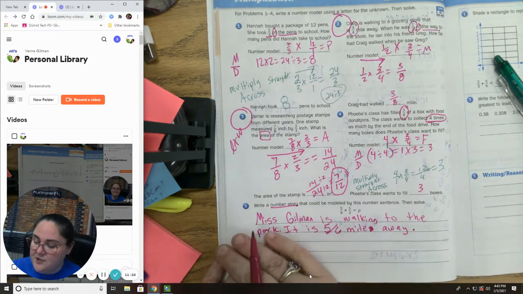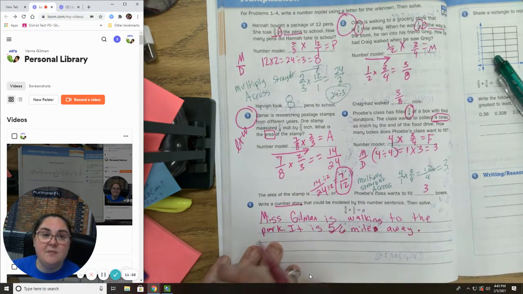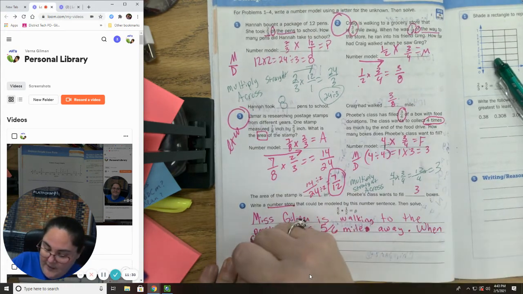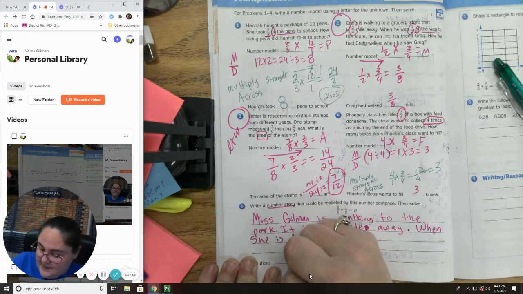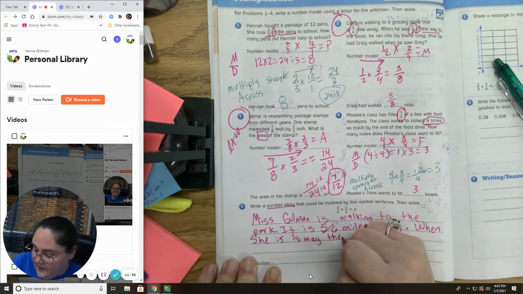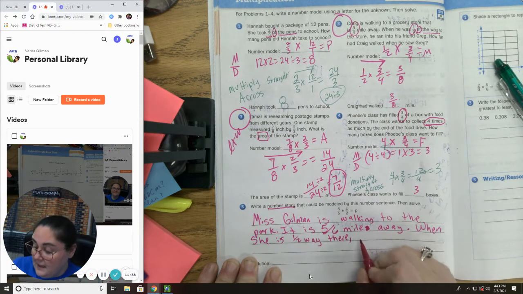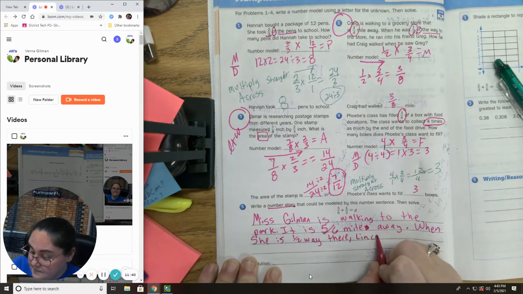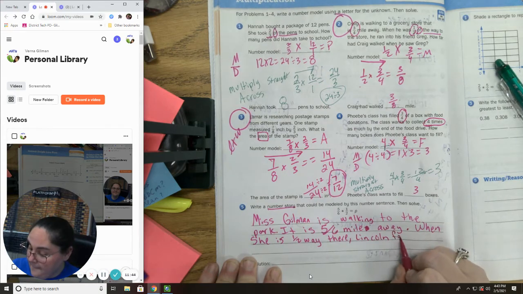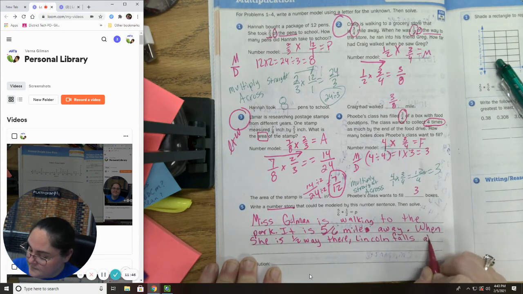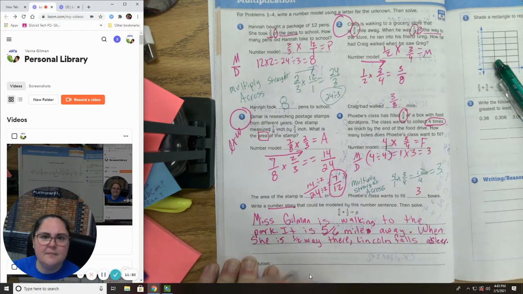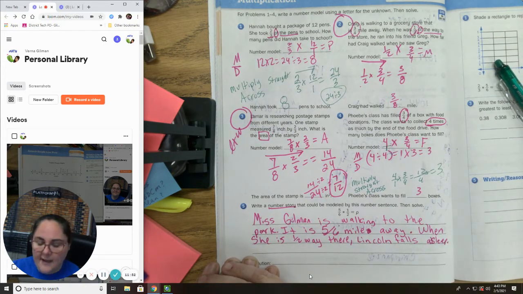Now the other one's half. So when I'm halfway there, something happens. So when she is halfway there, Lincoln falls asleep. He fell asleep, right?